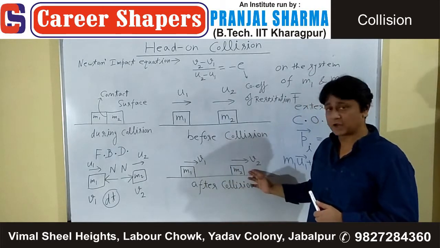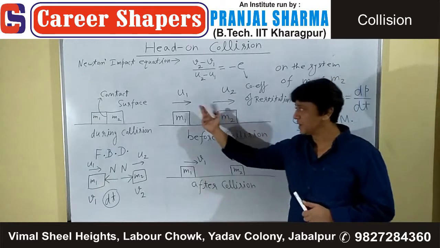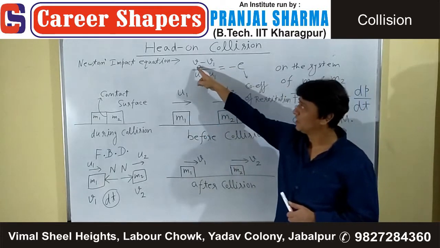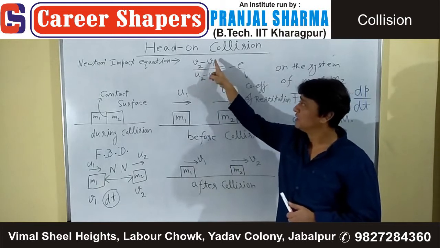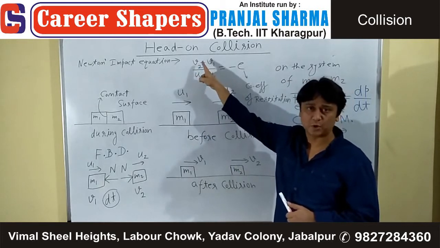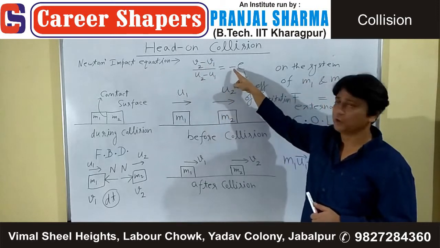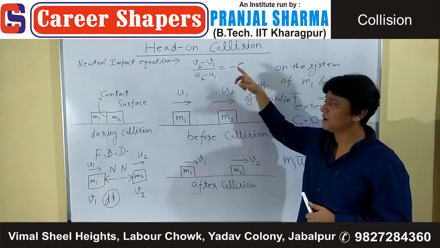And after collision, I hope you can feel it, the velocity of M2 should be greater than that of M1. M2 has to move faster after the collision, and therefore after collision V2 is greater than V1. This numerator is positive, the denominator is negative, and therefore you are getting a negative sign.